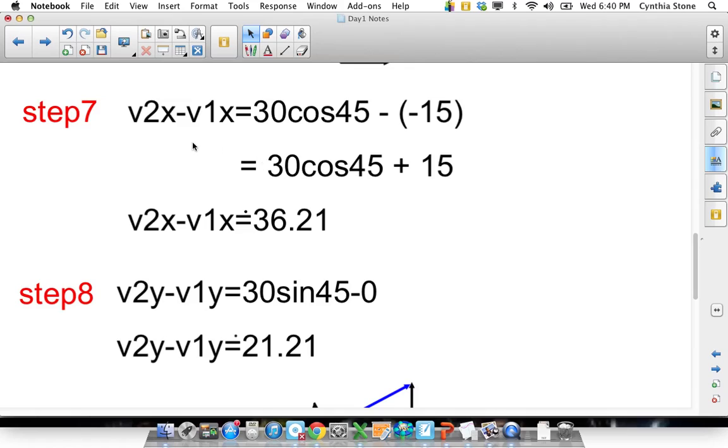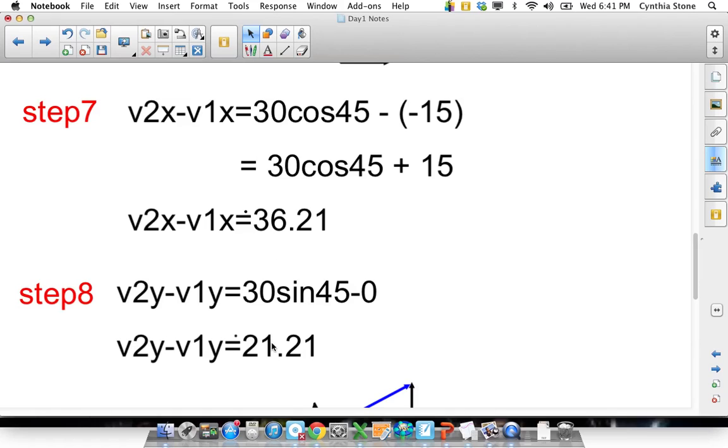So doing my v2, now this is where it's different, right? This is different than addition because I have a negative sign right there. I'm subtracting. So I go 30 cos 45 minus negative 15, which is the same as adding 15. So you get 36.21 rounded, right? And same thing over here, 21.21. And this time I'm subtracting 0, so that's fairly easy. So there's my x, there's my y.